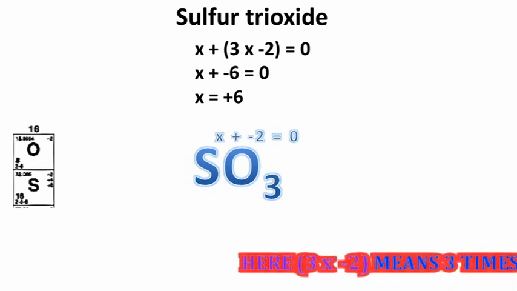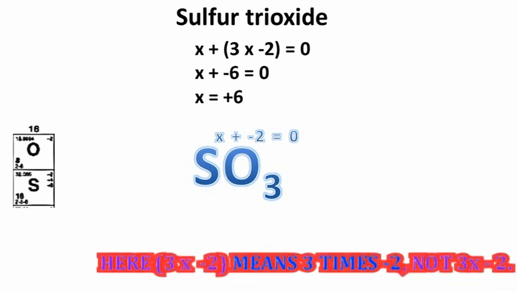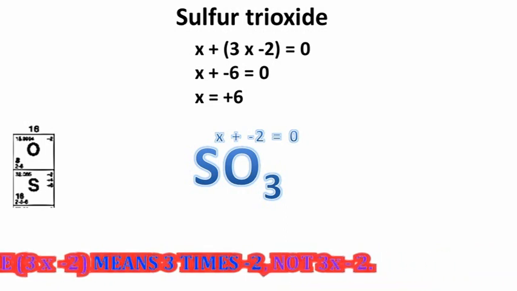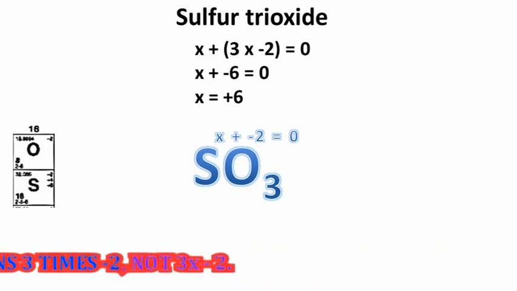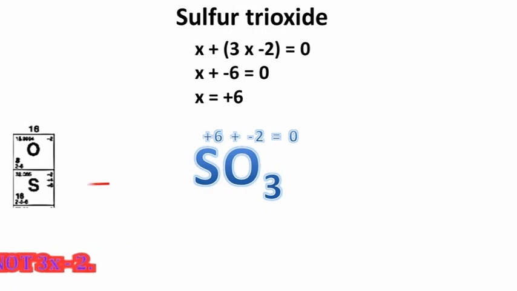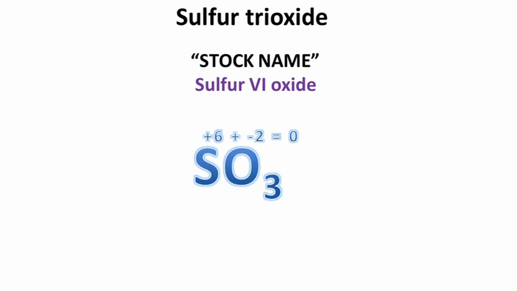So X will equal +6. So in this case, the oxidation number for sulfur will be +6. Because sulfur will have a +6 oxidation state in this compound, the stock name will be sulfur 6 oxide.